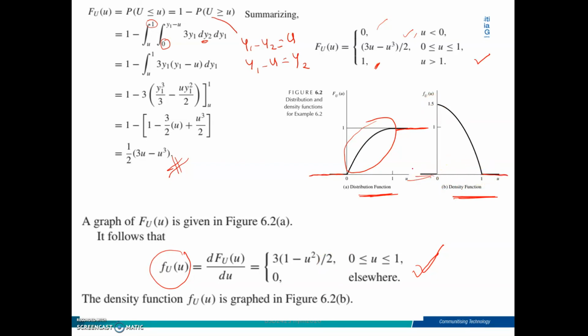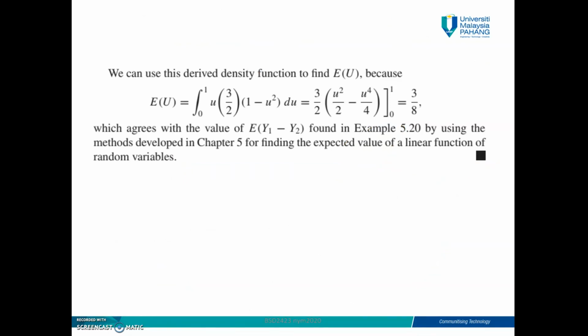Now the second question is to use the density function that you got to find the expected value of u. Again, this has been done before. If you want to find E(Y), you have the integral of y f(y) dy. Similarly, to find E(U), you have u times f(u), the density function, du. The limits are 0 until 1.